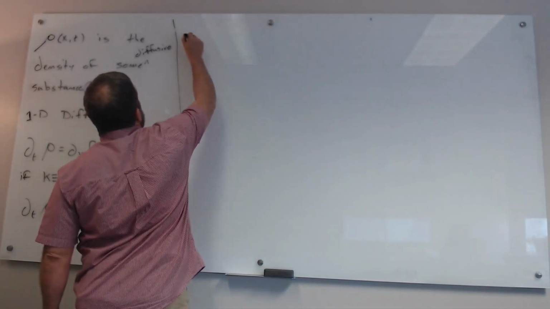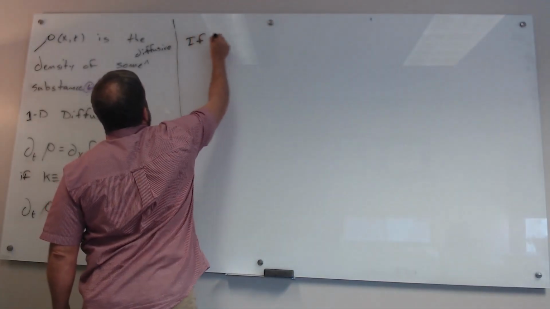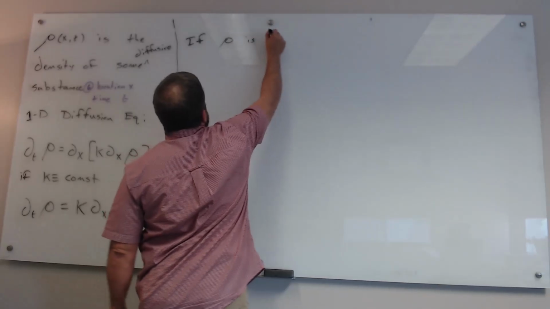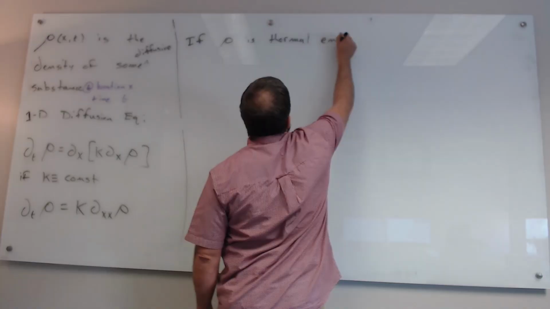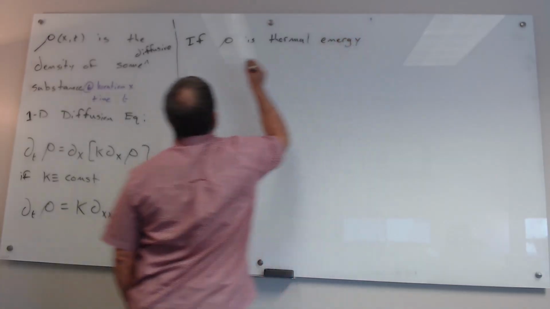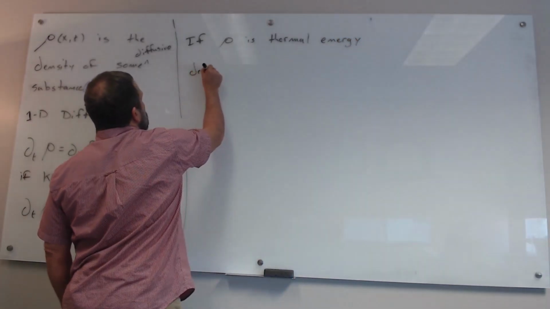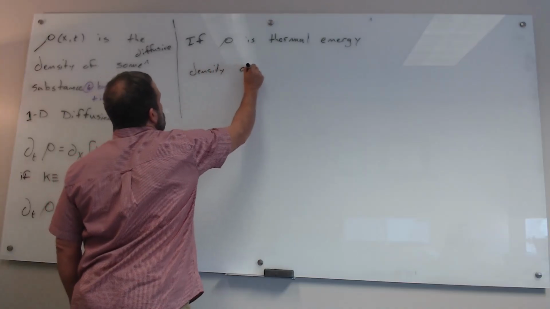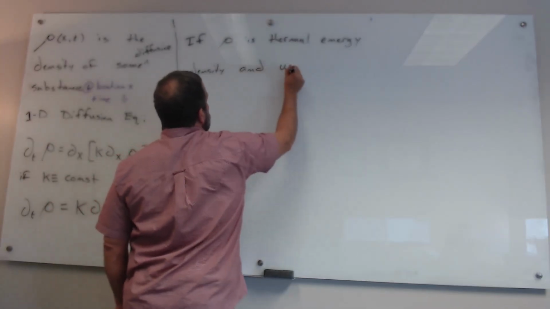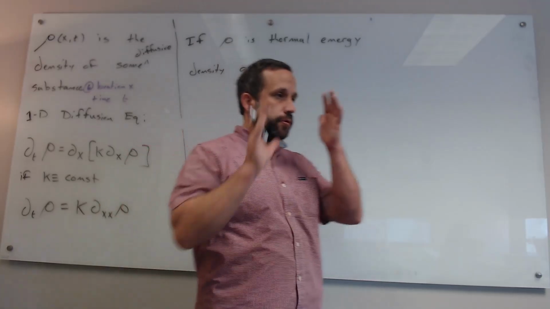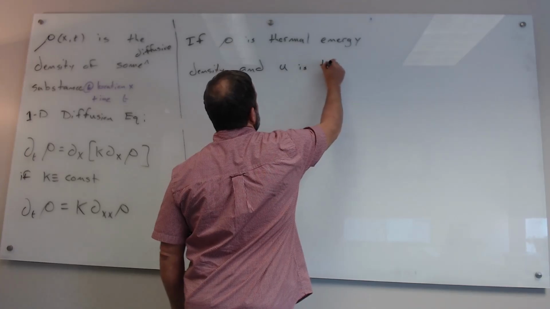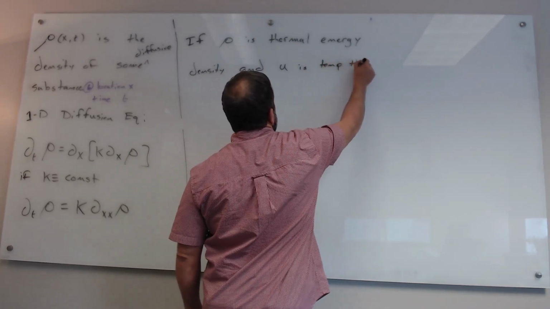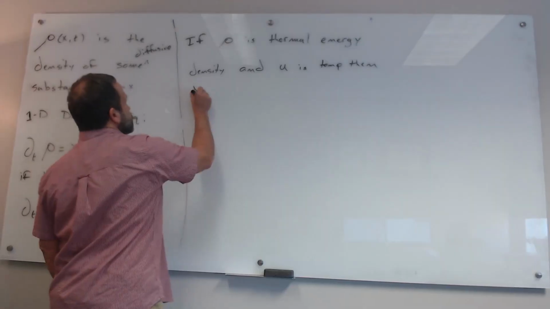Okay, so what we're going to do here is, if rho is thermal energy density, and u is temperature, u of x,t is the temperature at location x at time t, then how are they connected?